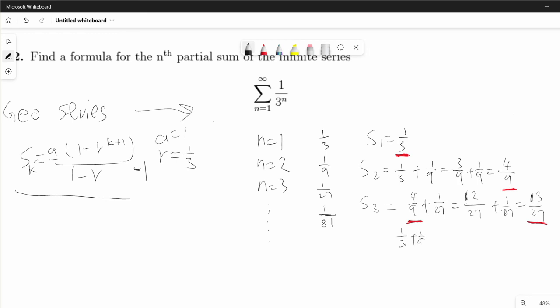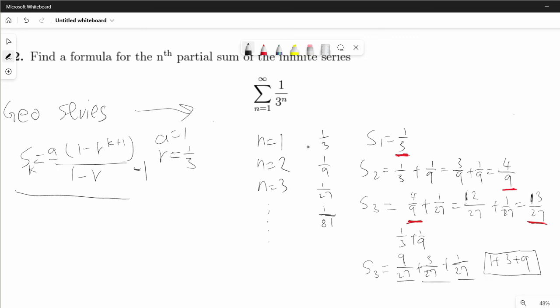This is 1/3 plus 1/9, and if I have a common denominator of 27, then it'd be 9/27 plus 3/27 plus 1/27, like as in the S3, right? The common denominator is the 3 to the n, and the sums we have on top, the numerators, are 1 plus 3 plus 9, which now is easier to see that this is a geometric series.